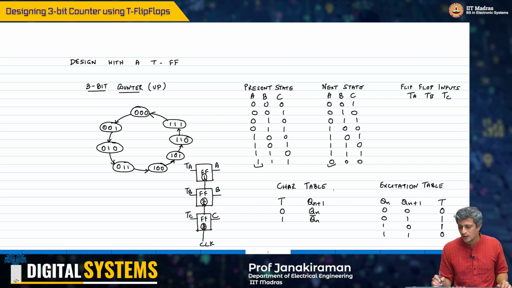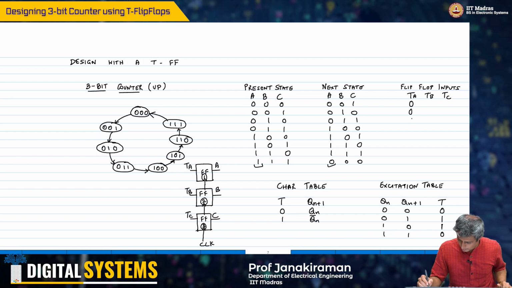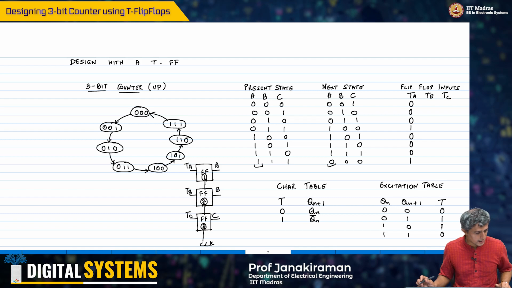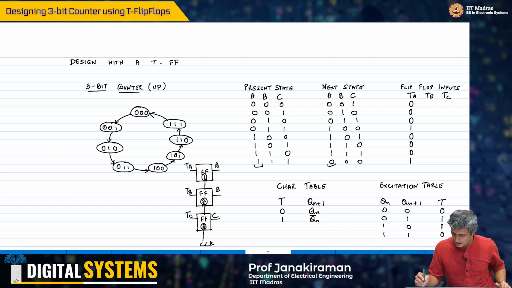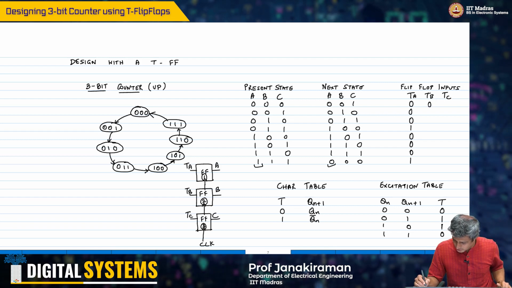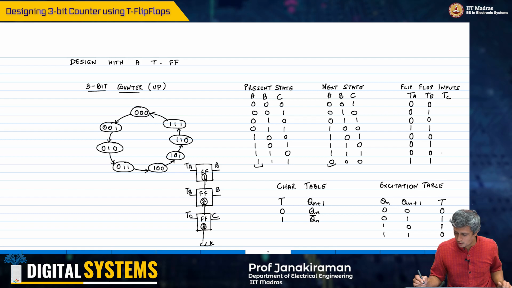We start with A. TB is basically going to be: 0 0 is same, 0 1 is toggle, 1 1 is same, 1 0 is toggle, and so on, alternating.